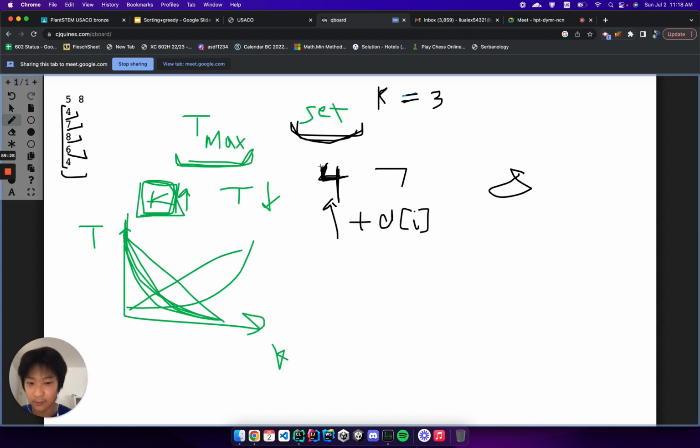So in our set, we erase the 4 and insert the 10 to represent this cow. We also make sure our set is always of size k, because this is basically our stage.